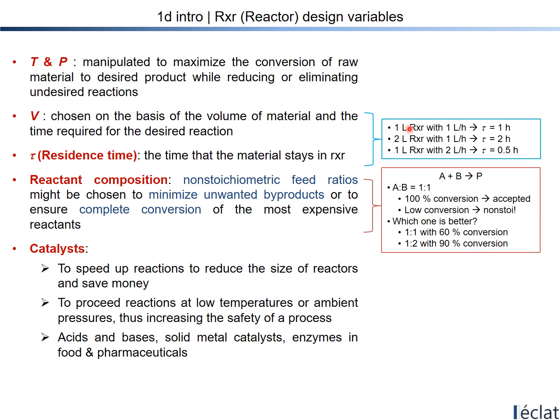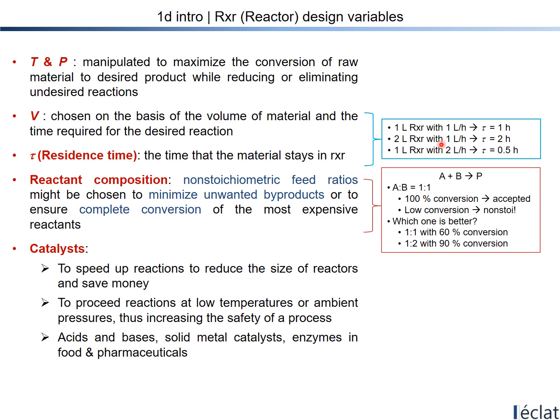Let me increase the volume from 1 liter to 2 liters at the same flow rate. Then the residence time increases from 1 hour to 2 hours because we have a larger volume.